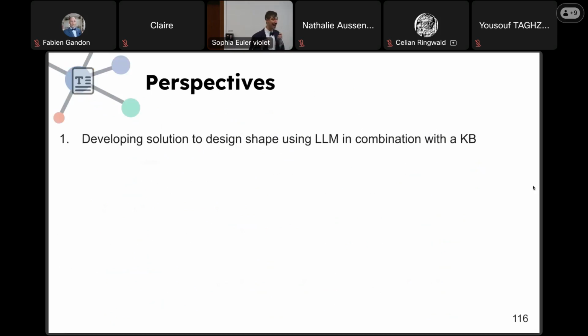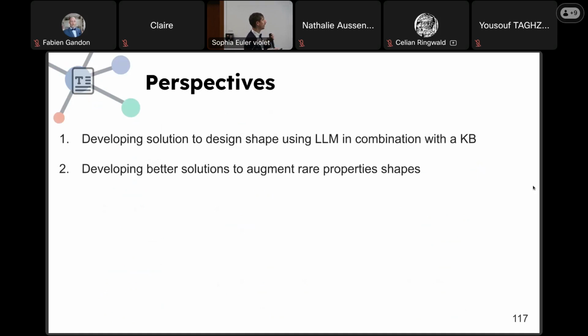First, as we need SHACL shapes to feed our models, it may be interesting to develop some tools that could propose and design shapes in combination with large language models and knowledge graphs. This is something we already started by working in collaboration with King's College London.